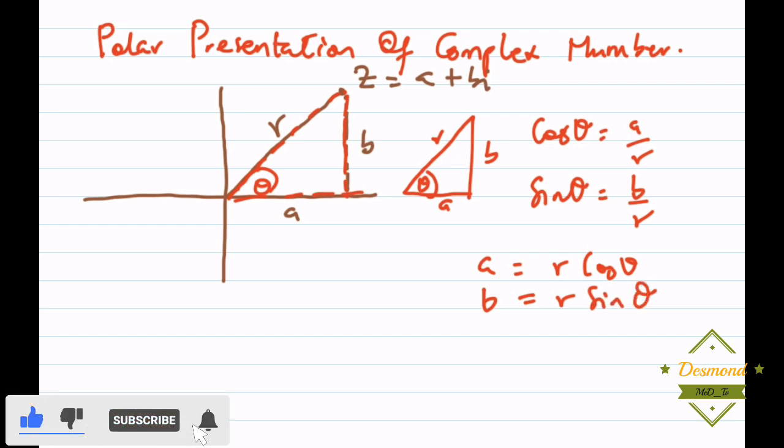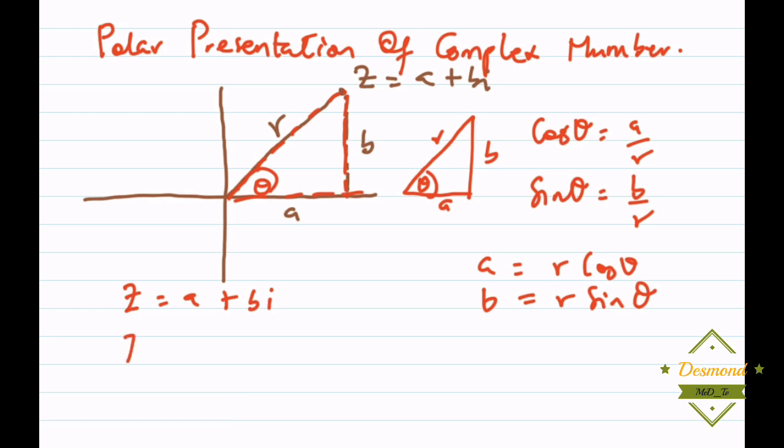Very simple. Then we just replace a and b with r cos theta and r sin theta in the complex number that we have here. So we have this complex number z = a + bi.